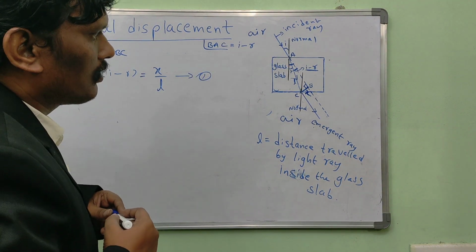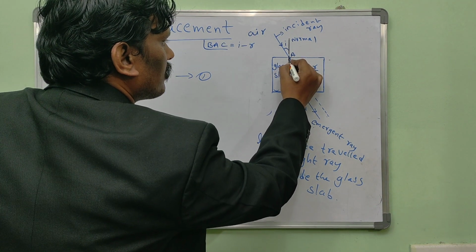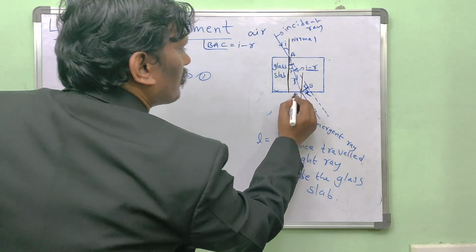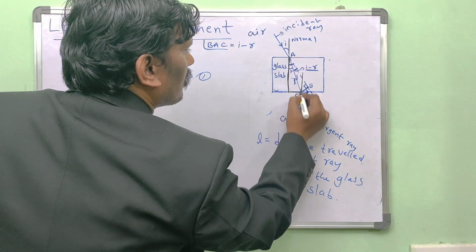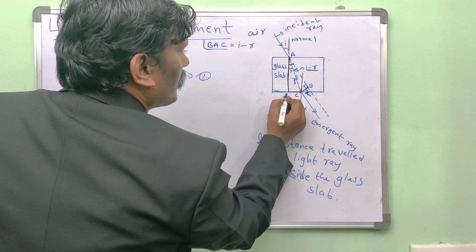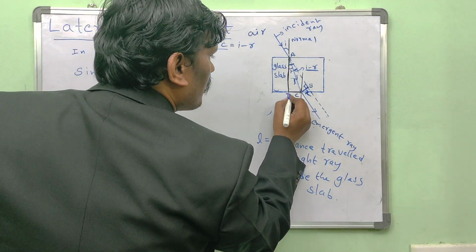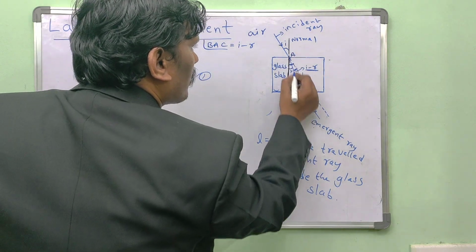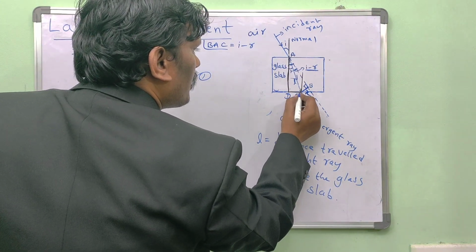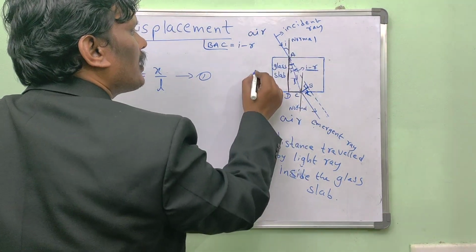Now consider another equation, that is one more triangle. If I consider this triangle A, D, C, the ADC triangle, in the ADC triangle, what is AD?